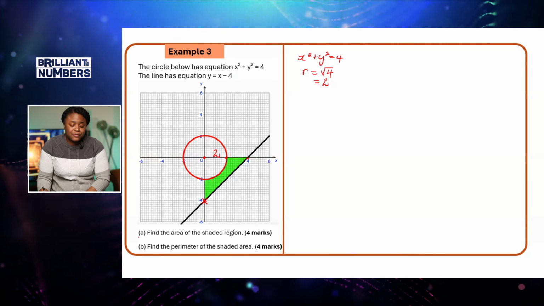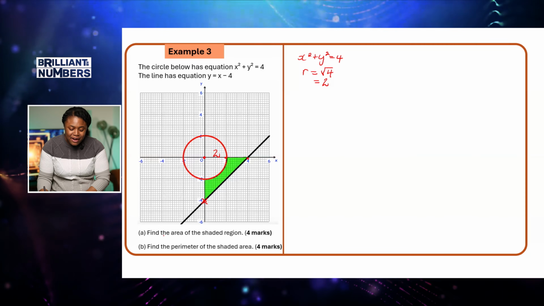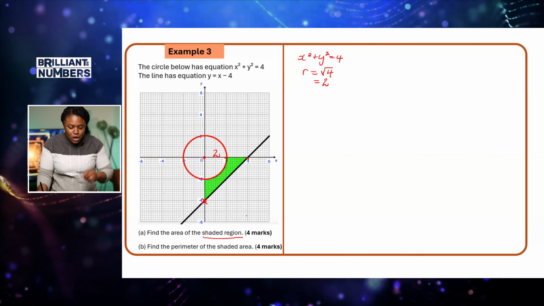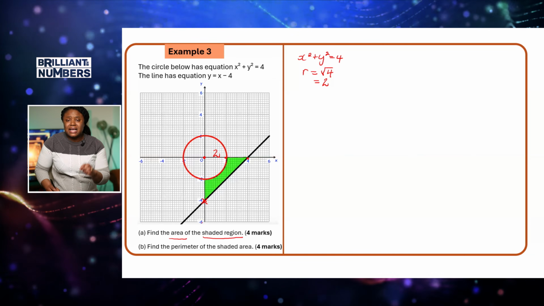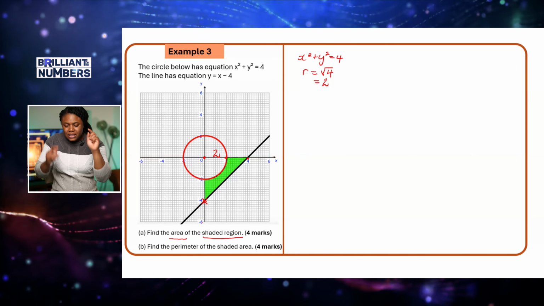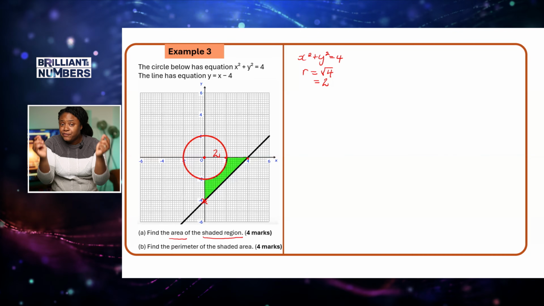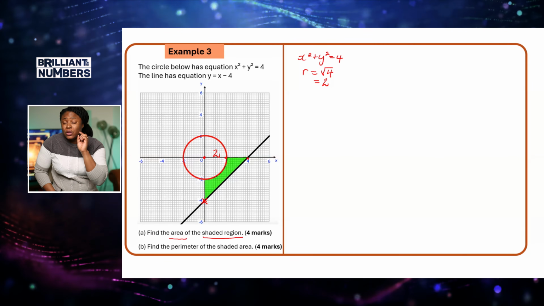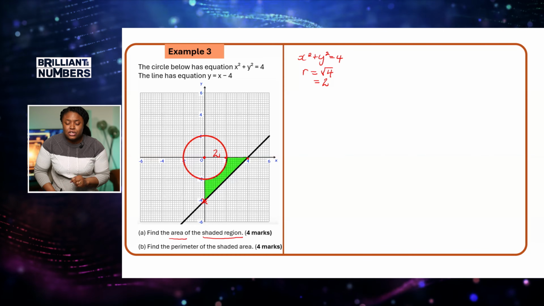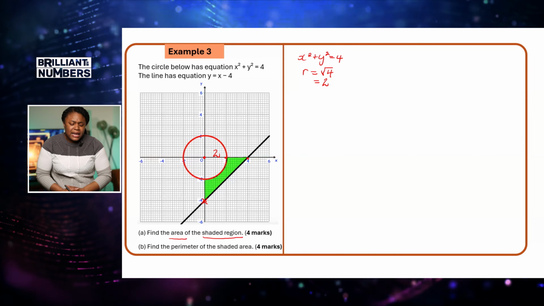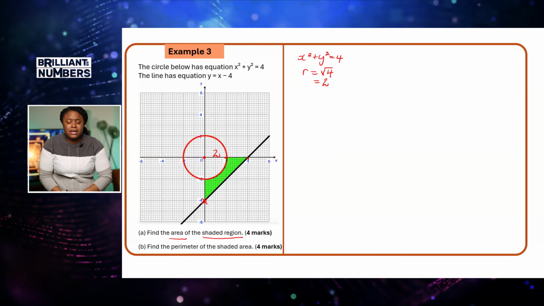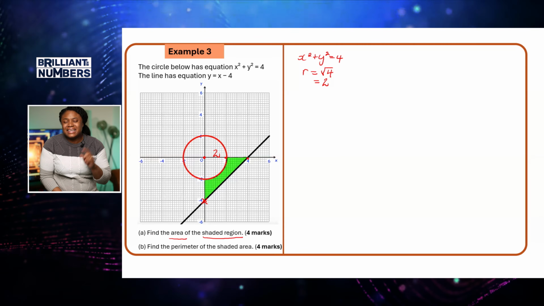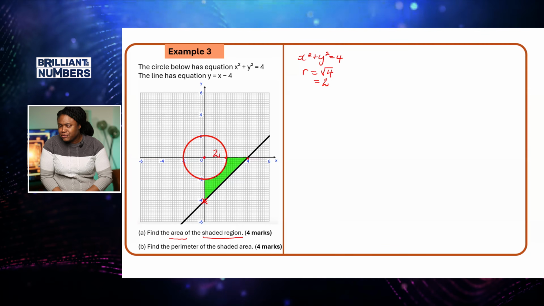Now, the first part of the question says, find the area of the shaded region. So two concepts coming out at me at the same time. Area gives me a focus in terms of the formula I'm going to need to use, and also focus on the shaded region. So I begin to think, I need to look carefully and see the components that are involved in order for me to get the area of only the shaded region.